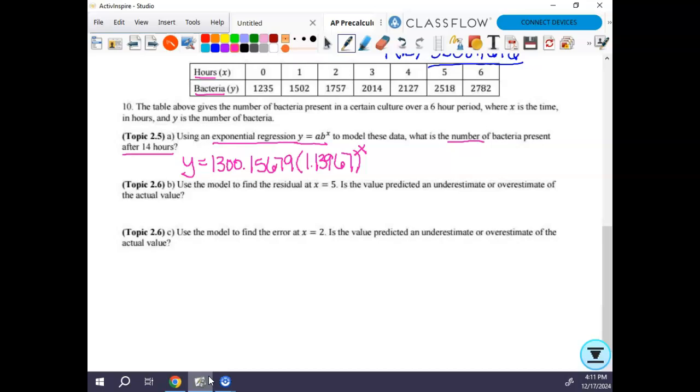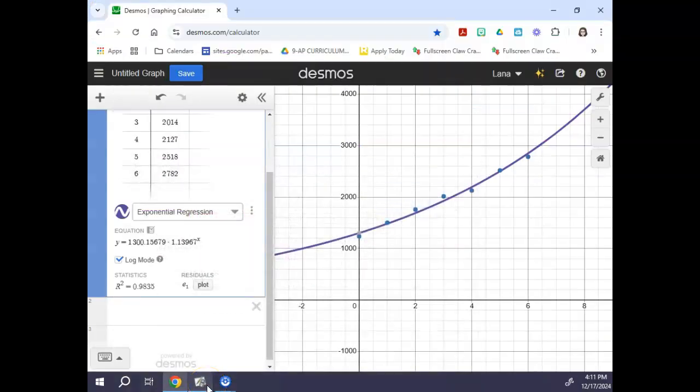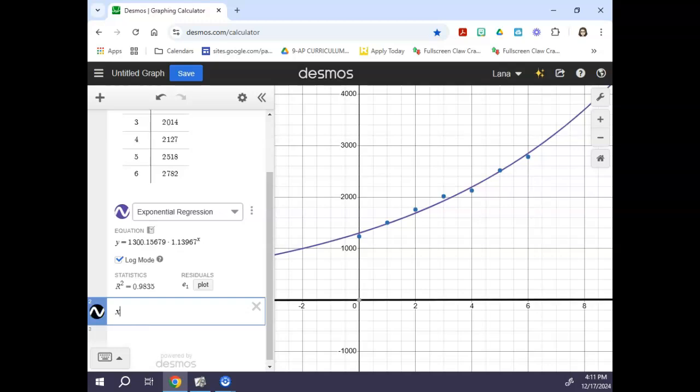But what it's asking me for is the number of bacteria present after 14 hours, where our hours are our x's. So we're going to evaluate this as at x equals 14. Even though we just wrote this down, I am not putting 14 right here and calculating this by hand or typing it in. I am using the graph and what the calculator did for me. So here I just type in x equals 14.